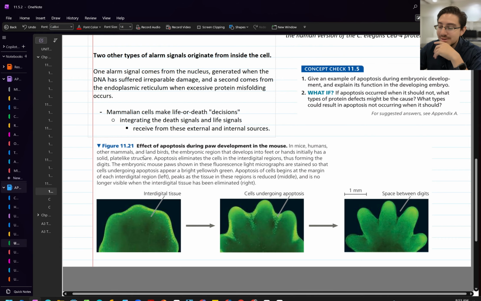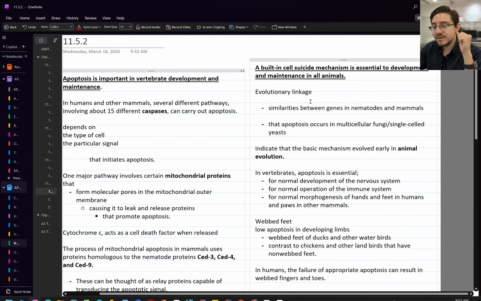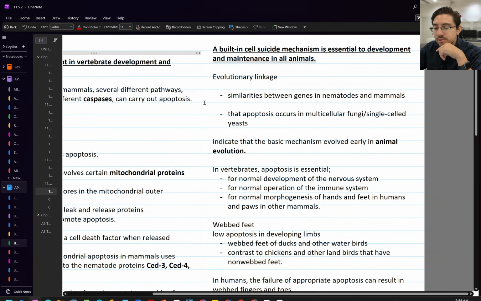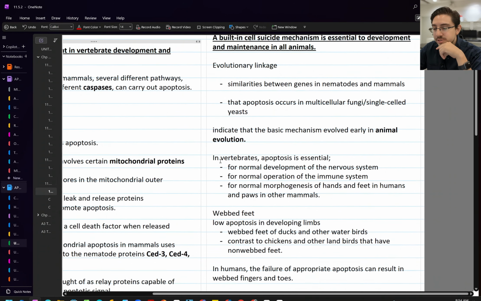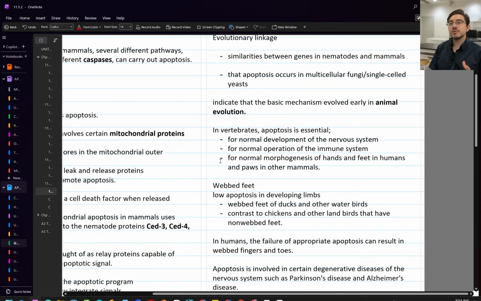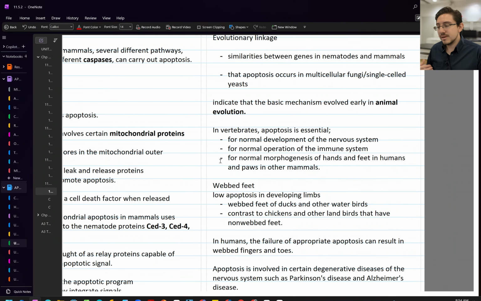And then lastly, I just want to talk about a built-in cell suicide mechanism. It's very important for development and maintenance in all mammals, and it has to do with the fingers, and many different things, but for humans, it can be with the fingers. Interestingly, because it is seen in many animals, there is an evolutionary linkage: similarities of genes between nematodes and mammals that elucidate similar functions and processes.